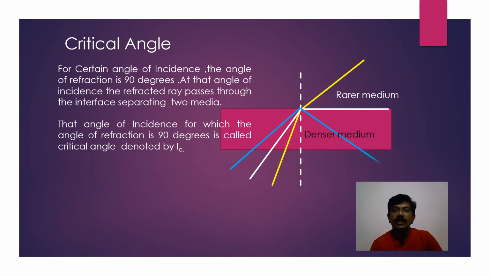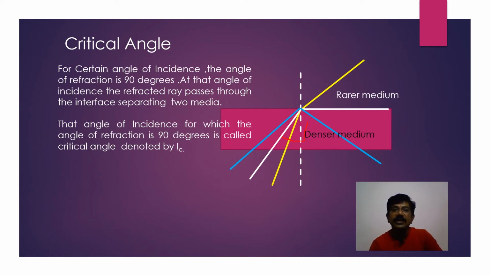Observe this one. This angle of incident, observe this carefully, is the angle of incident for which the refracted ray, instead of going into the rarer medium, glances over the interface, slides over the interface.